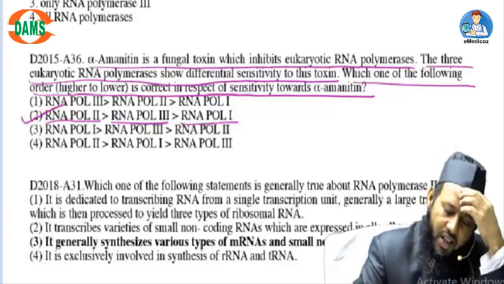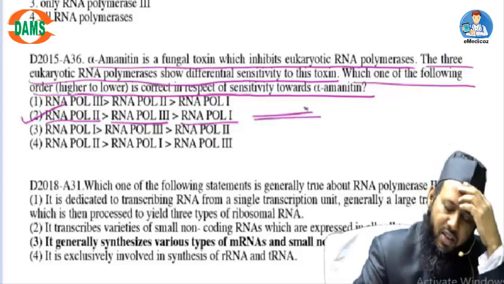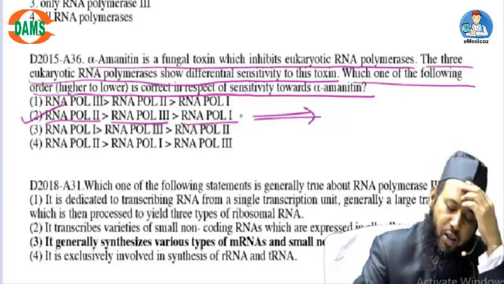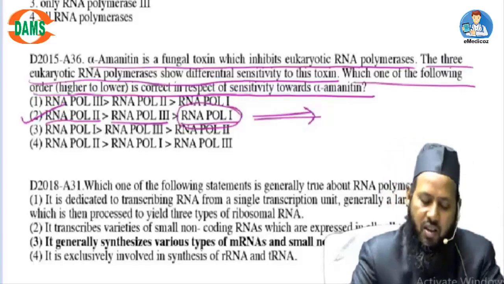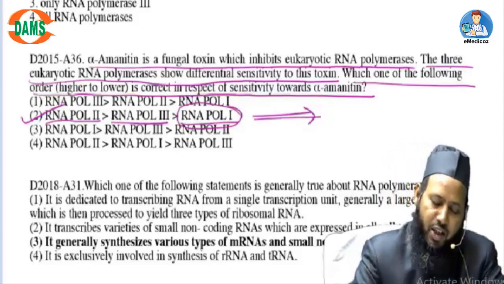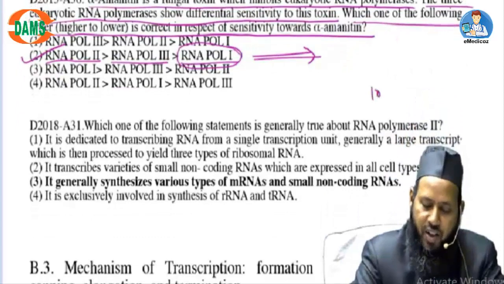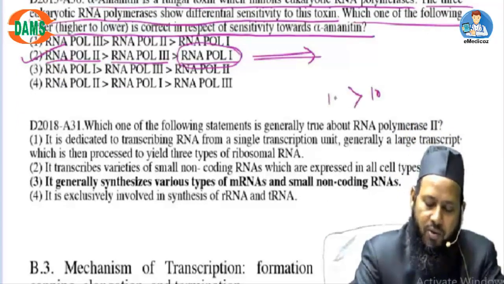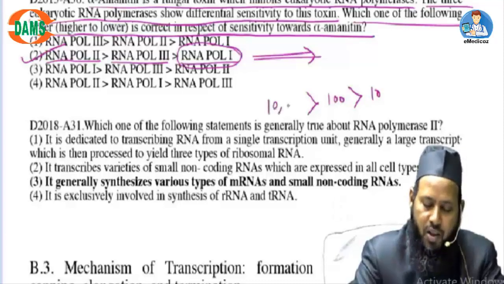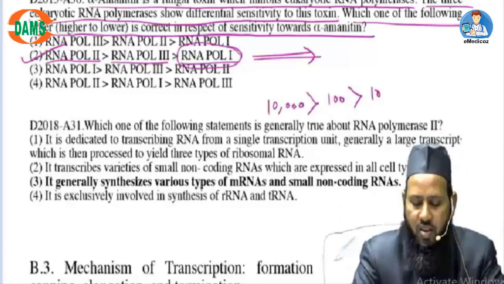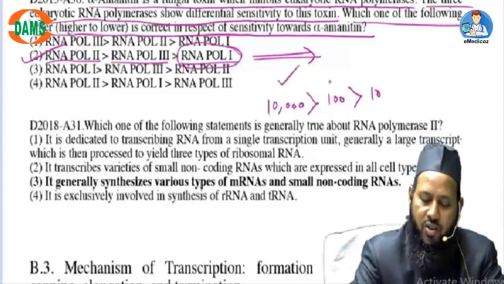Basically this order also has a problem because it suggests that RNA polymerase 1 also has some sensitivity. Let's suppose RNA pol 1 has a sensitivity of 10, RNA pol 3 has a sensitivity of 100, and RNA pol 2 has a sensitivity of maybe 10,000. So we'll say this is highly sensitive, this is weakly sensitive.